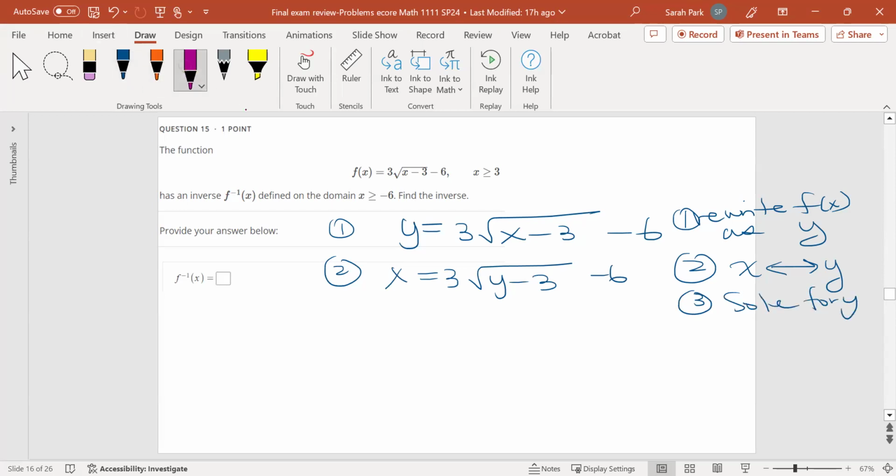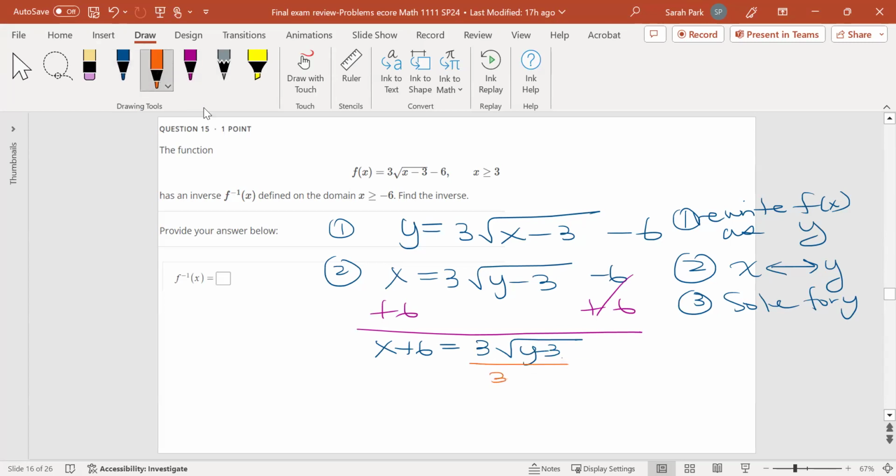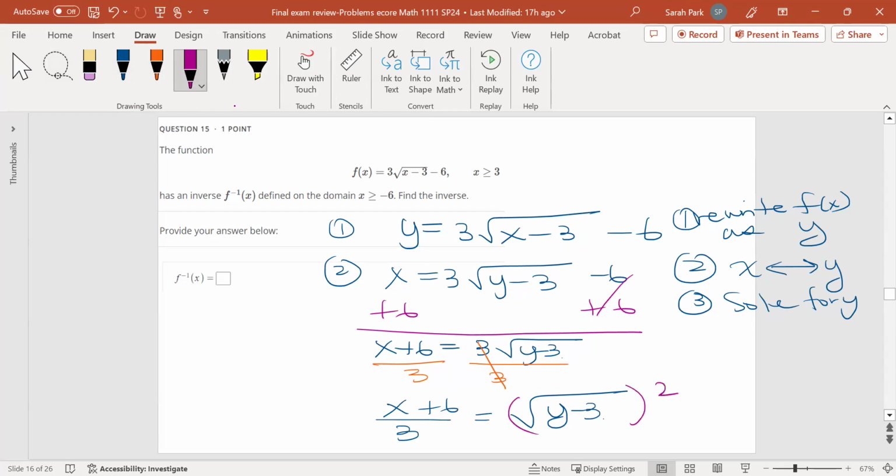In this case, we can add 6 to both sides, and we get x plus 6 equals 3 square root of y minus 3. Then we're going to divide both sides by 3 to cancel the 3 in front of the square root, and we get x plus 6 over 3 equals square root of y minus 3. To take the square root off, we can square both sides. That takes care of the square root. I'm going to go over here since I'm running out of space.